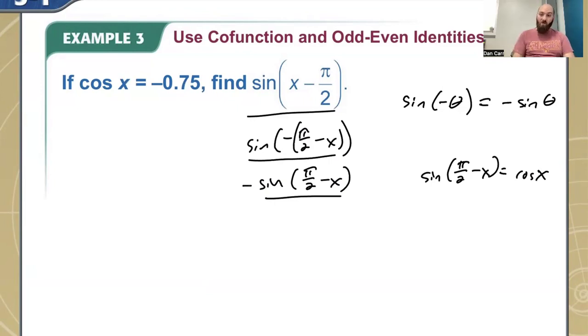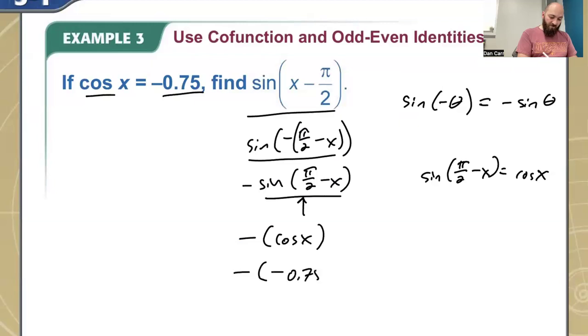These are the complementary angles. So I can replace this with cosine of x, so it's going to be negative cosine x here. If the cosine of x is equal to negative 0.75, then I'm taking the negative of negative 0.75, which is equal to 0.75. And that's the final answer. That was the goal, to get to this value here.